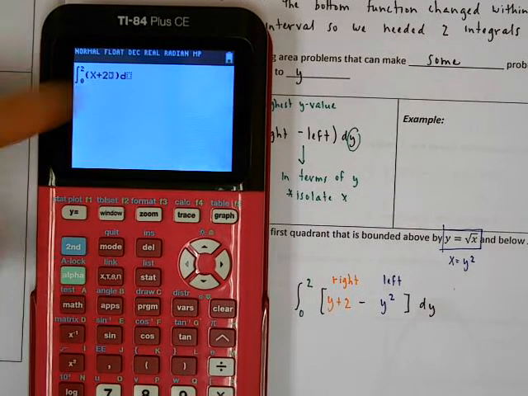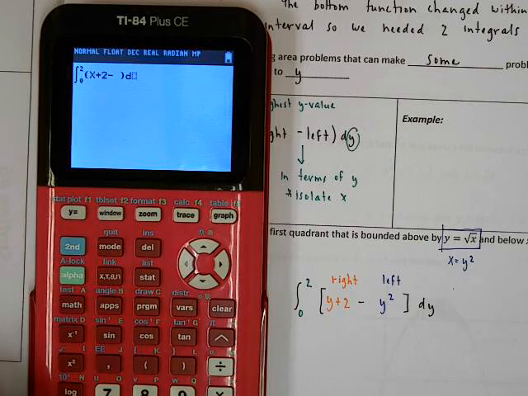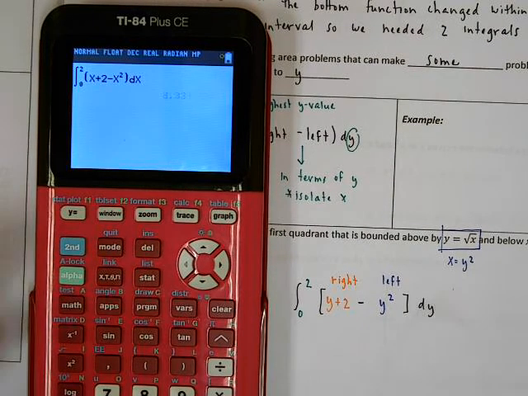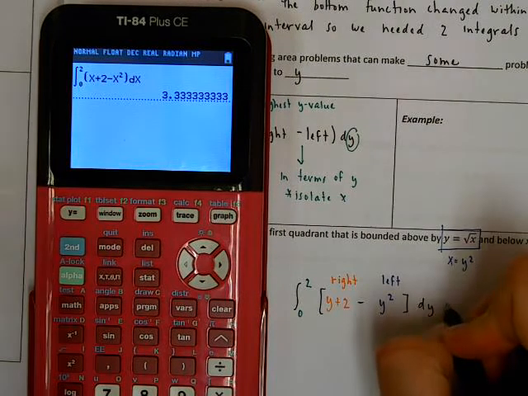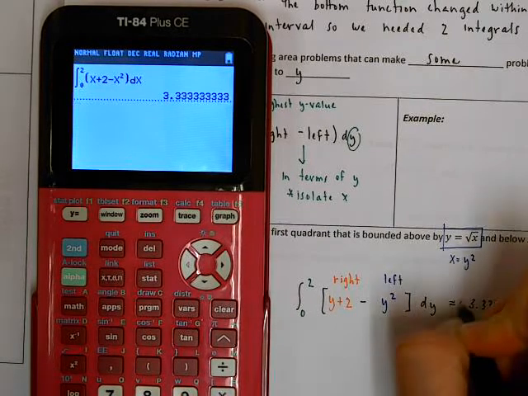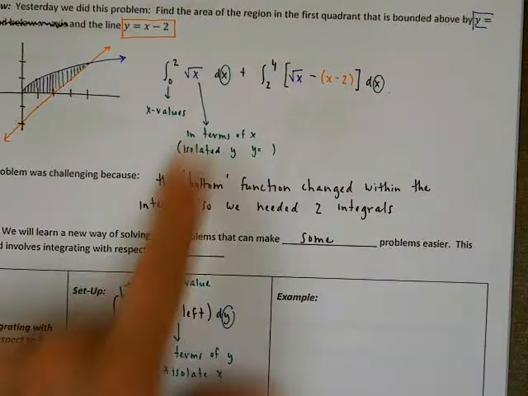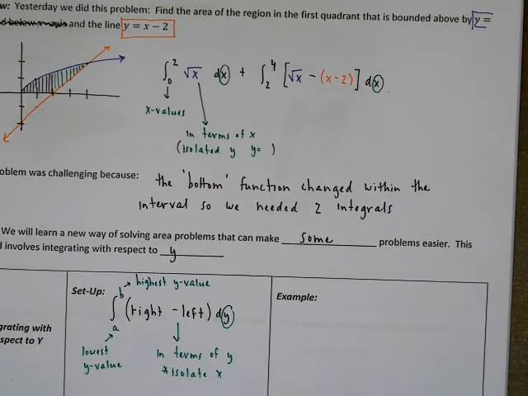Now, when I put it into my calculator, I'm just going to put x. That part doesn't matter. And I get, it's approximately 3.333. But again, much simpler than having the two integrals that we had yesterday.